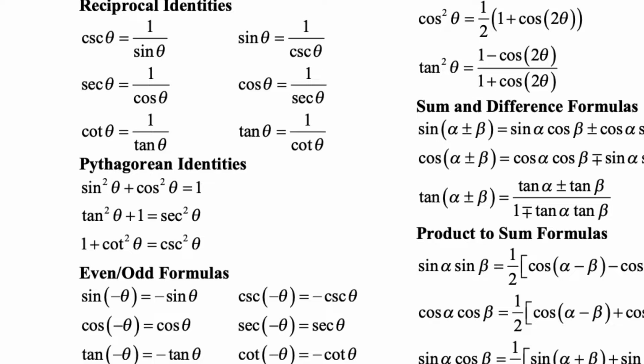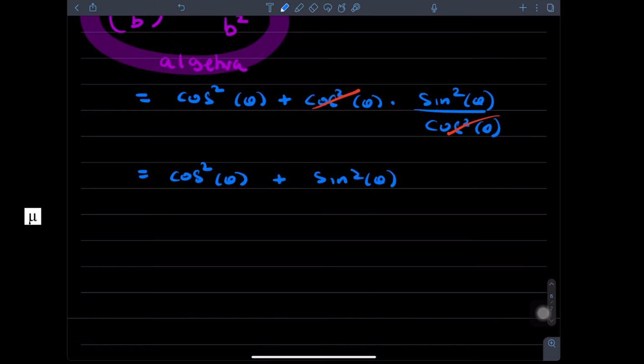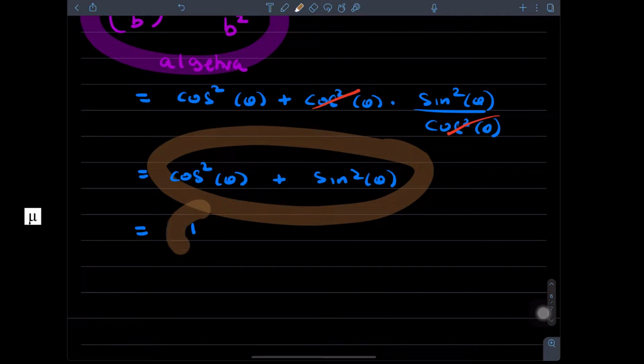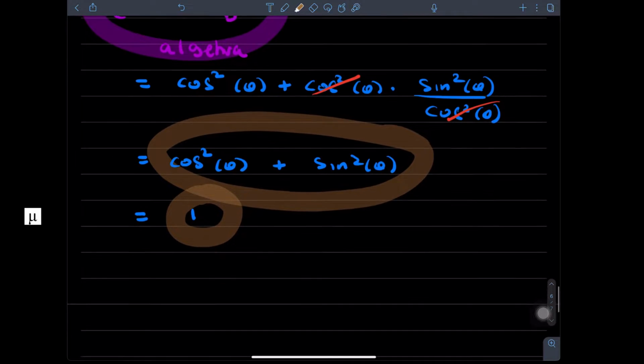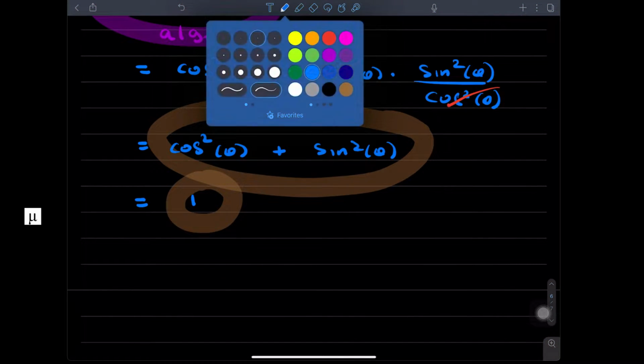Okay, sine squared theta plus cosine squared theta is a Pythagorean identity. We've seen that. We actually proved that. That value is what? 1. So I can replace that with what? 1. Here's my point. This whole thing is the same as 1. And that's going to be my what again?